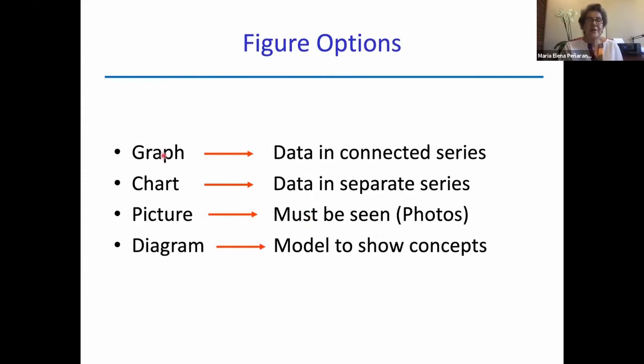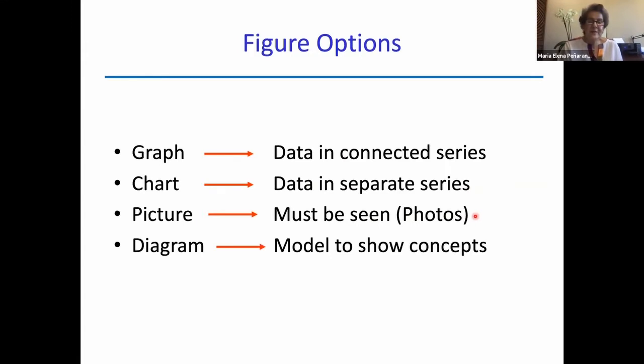A graph is data in connected series that go linear. A chart is data in separate series, like those three mice that didn't make sense. And pictures are more expensive to publish, and only if you must show a photo, let's say, of a laboratory immunofluorescence with cells lighting up, or, I don't know, a map, a photo of an area that you're studying.